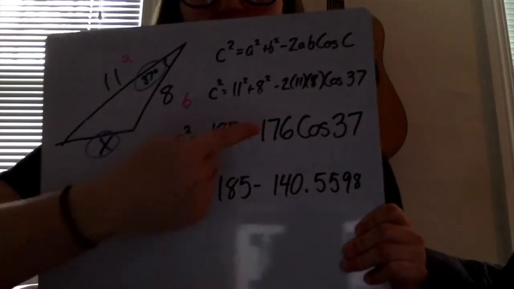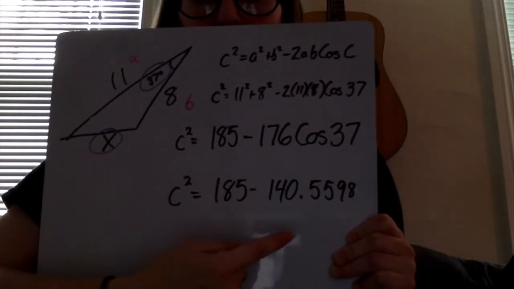So c squared equals 185 minus 140.559. It does round up to something else, 98, whatever. Cool. Great. That way we're going to be super close. So this here became the 140.